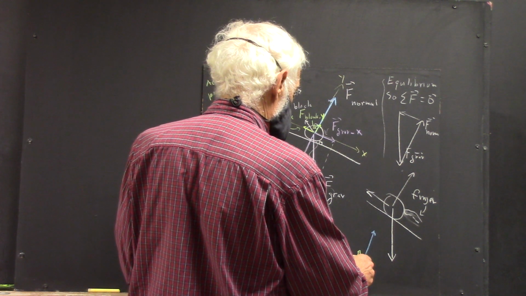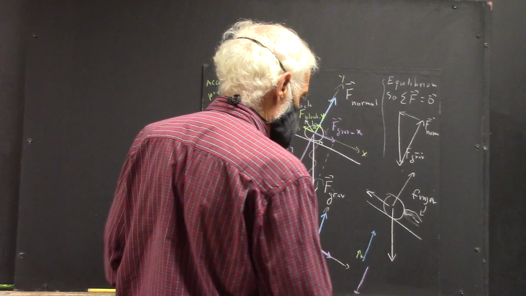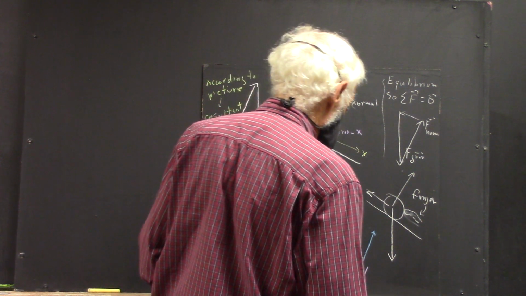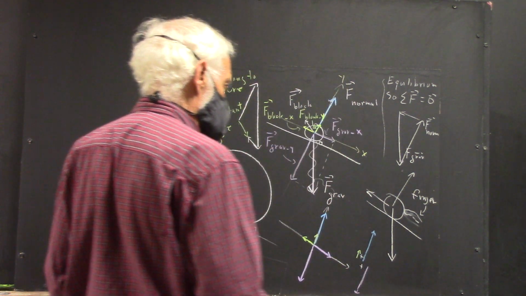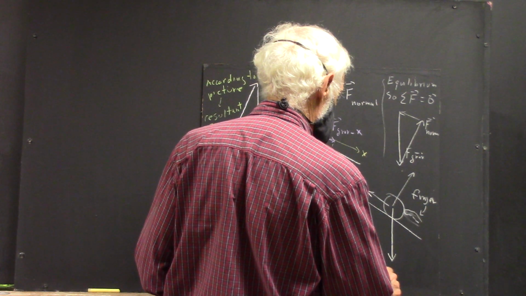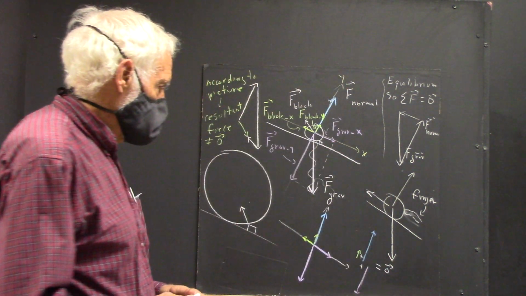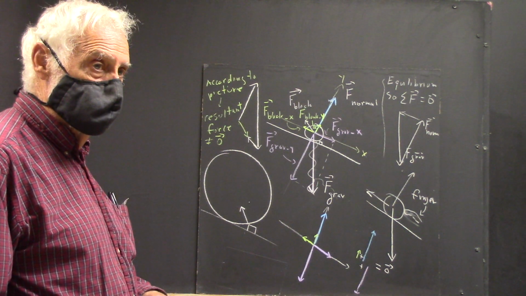This vector in the y direction, plus this vector in the y direction, plus this vector in the y direction, give us a zero vector.